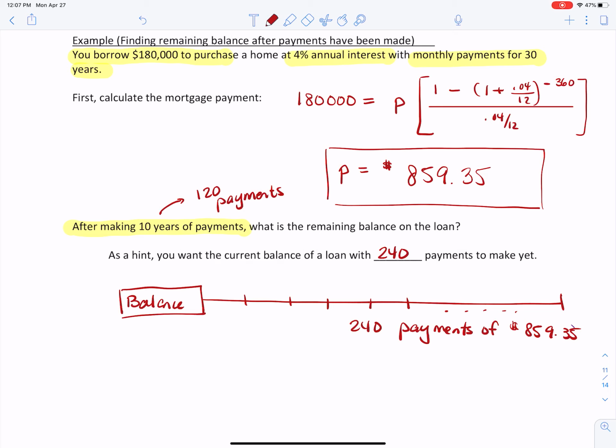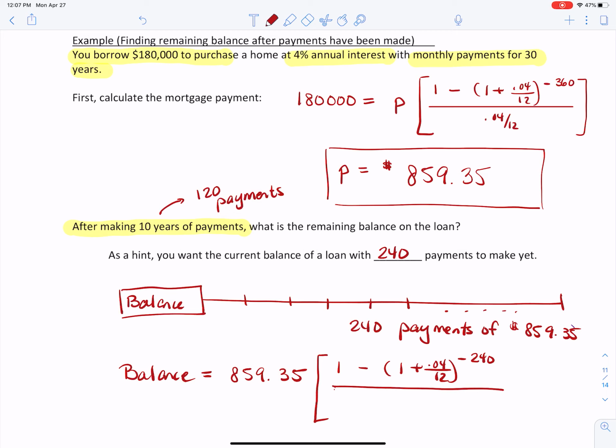So this is basically using the annuity formula again, but with different information known. We don't know the balance, but this time we do know that we're making payments of $859.35. Same information in here, except this time we're using negative 240 because we're only concerned about the next 20 years.